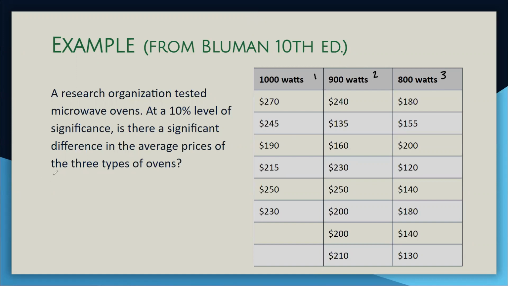I'm going to start my hypothesis test over here by stating my hypotheses. The null is that those three mean prices are equal. And then the alternative is that at least one mean is different.